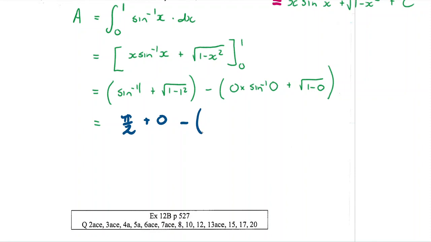We had 0 times inverse sine of 0, that's just all 0. And square root of 1 minus 0 is just 1. So we have left pi over 2, and expanding the minus through would be a negative 1 is our answer. But because we were asked to find area, is there something else I should include? Yes.